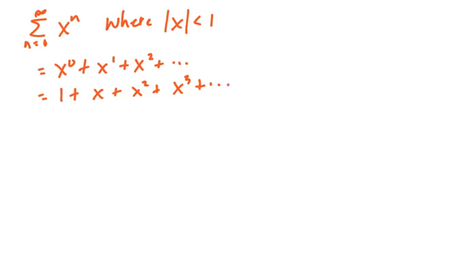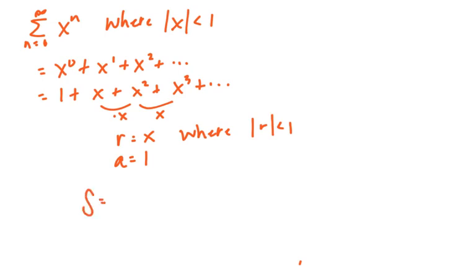Now notice the absolute value of x is less than 1. So this means we're multiplying by x each time. So our ratio is x, and it is defined so that the absolute value of x, which is r, is less than 1. So we have a geometric series, and a is 1. So that means we can find the sum.